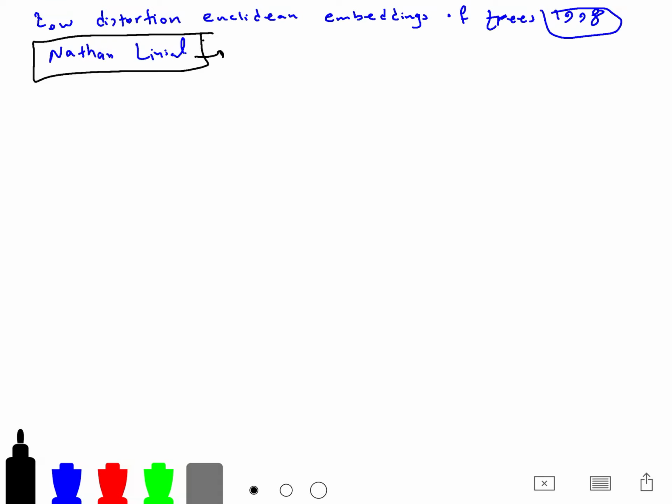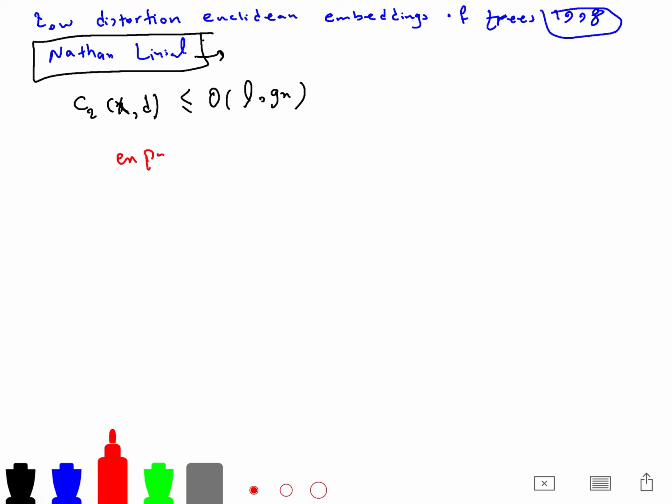So he introduced C2 of T, the least distortion, which is of order log n. We use the same definitions as in several papers.